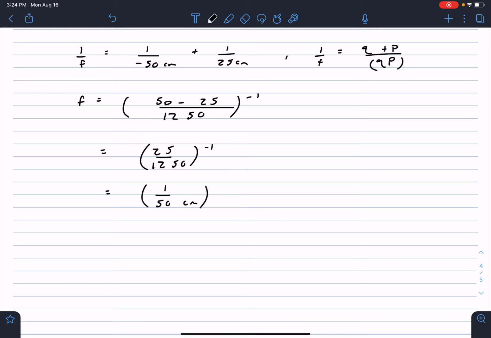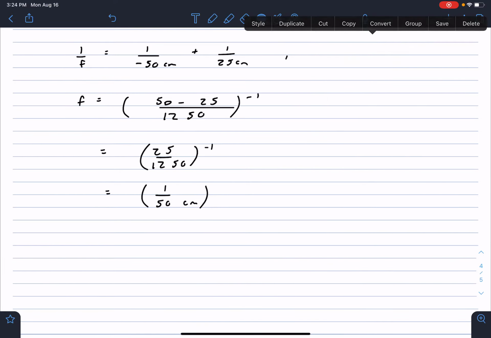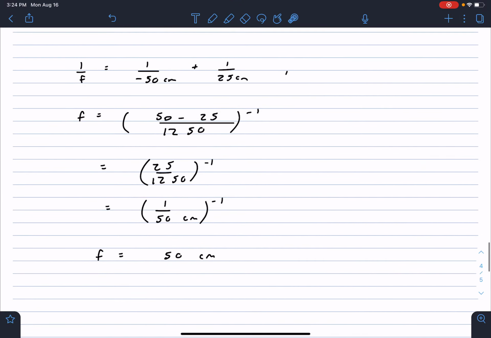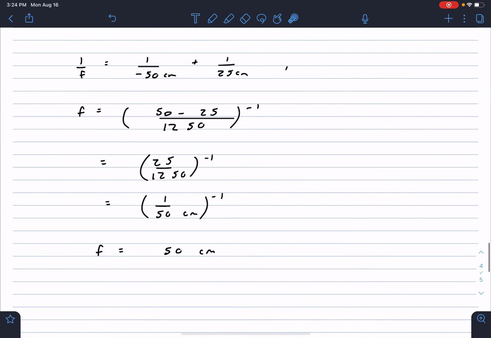So this gives you centimeters squared, this gives you centimeters, but we're not really worried about that right now. So what this tells us, this is inverse by the way, is that we have 50 centimeters as our focal length. All I did was plug into the formula, and you can do the same thing by carefully going through the calculation. This is q, this is p, and I just did a little bit of algebra to solve.